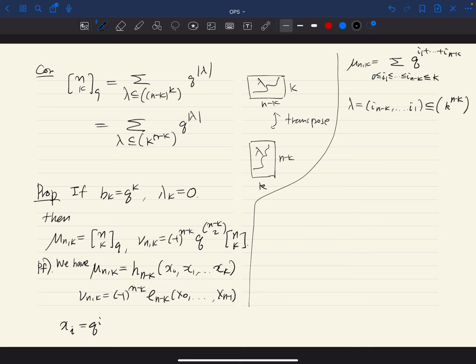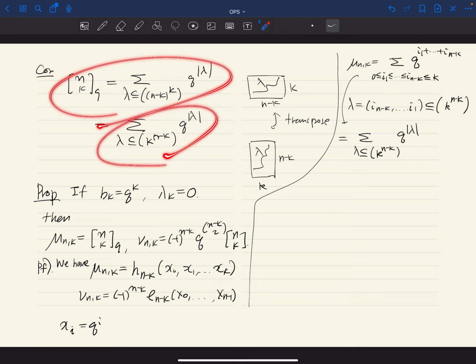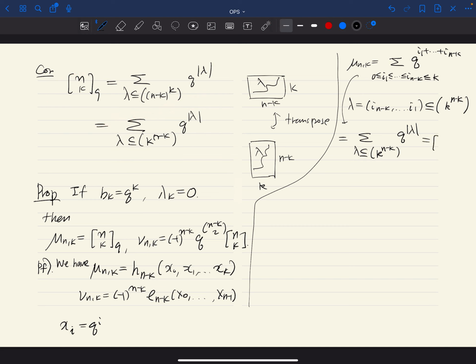So this is equal to the sum over lambda contained in k to the n minus k of q to the, but this is exactly the size of lambda, right? But then we have this theorem over here, so this is n choose k. This is done.